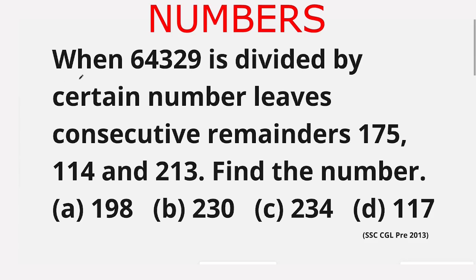Our question is: when 64,329 is divided by a certain number, it leaves consecutive remainders 175, 114 and 213. Find the number.